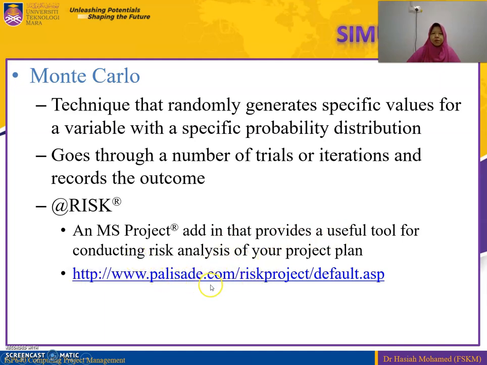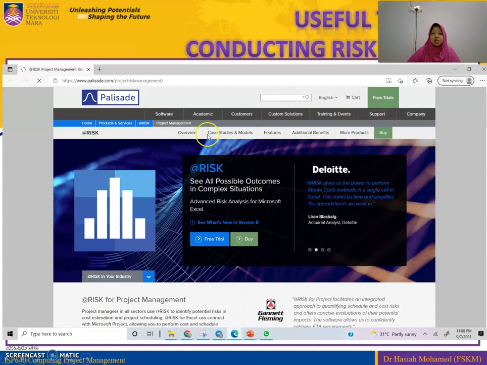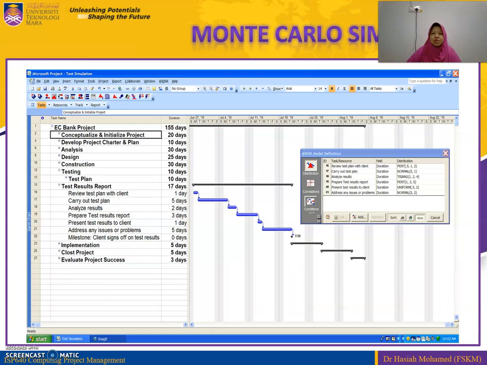If you click here, I provide you the print screen of the app, @Risk. It covers all the possible outcomes in a complex situation, so we can use this application to analyze the risk. This is an example of the Monte Carlo simulation.